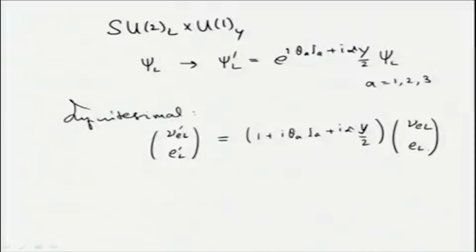I^A is a 2 by 2 matrix. For the first term and the last term there is no 2 by 2 matrix, but we will assume that there is a unit 2 by 2 matrix.